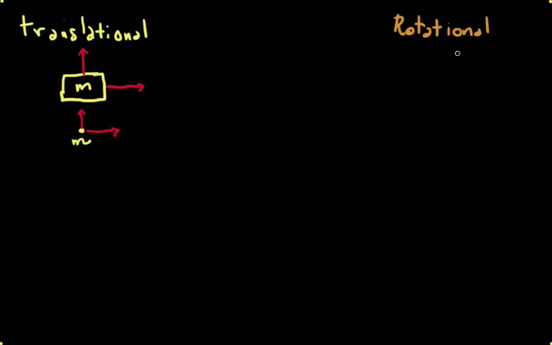Rotational motion is different in the sense that, let's say you have a body, mass m, and if you allow this body to undergo rotations, the first thing that you must define is the axis of rotation, which means that, let's say we'll put an X here. That means that this body is allowed to rotate around that point.